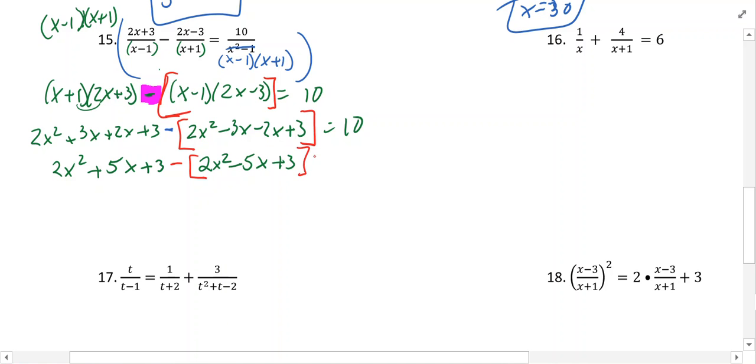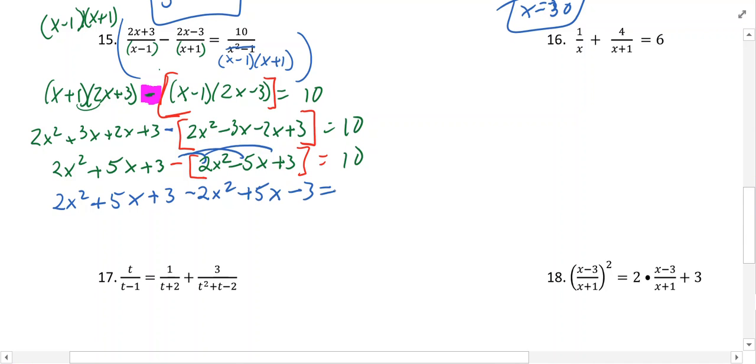Again, bracket equals 10. Okay, so now you want to distribute that negative to everything inside the parentheses. So I have 2x squared plus 5x plus 3 minus 2x squared plus 5x minus 3 equals 10.